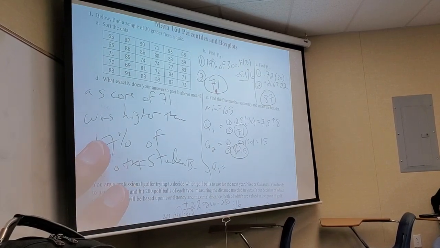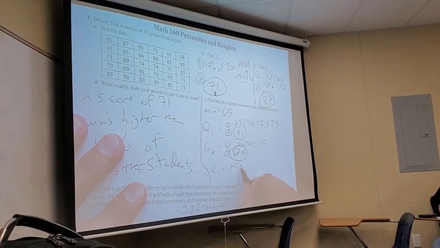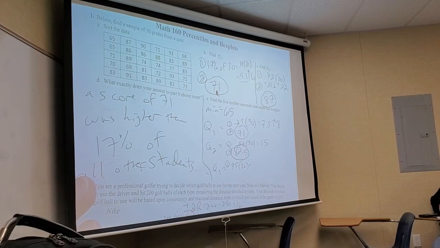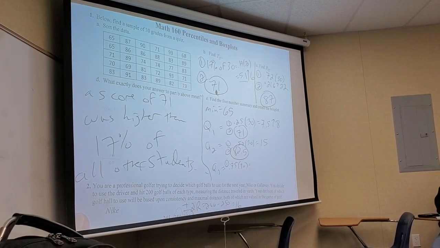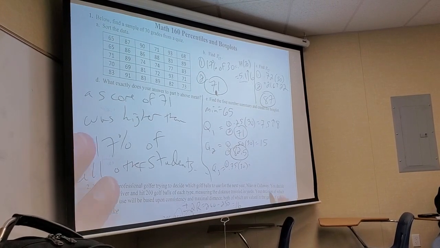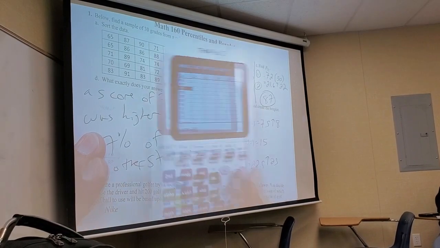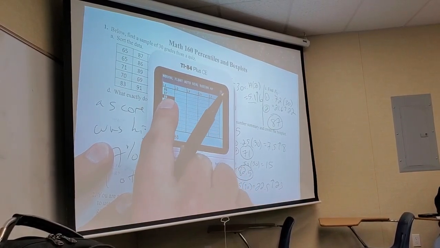So let's see what I get if I do it the other way. 0.75 times 30 is 22.5. So I rounded up to 23, which is the 23rd number, exactly what I just got doing it the other way.